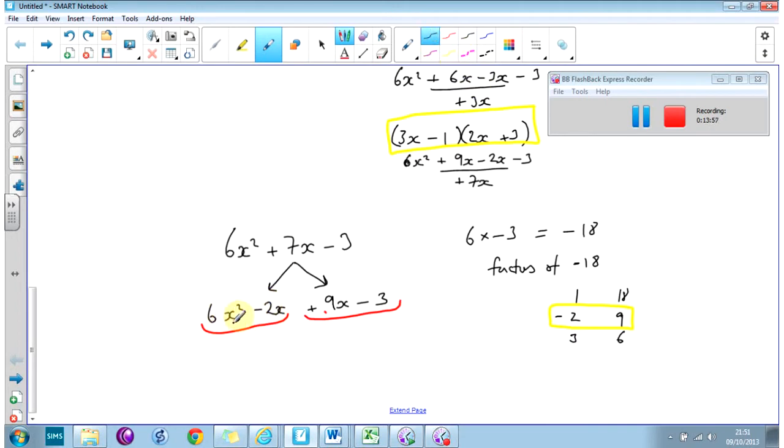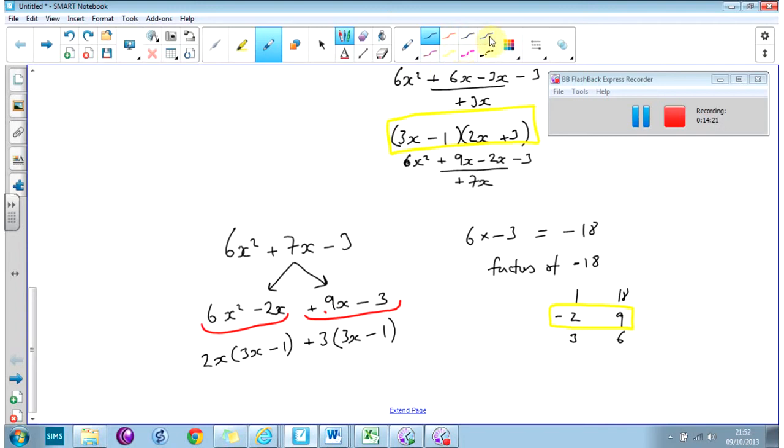Now, 2 and 6 are both in the 2 times table, so I can take 2 out, and they've both got an x in them, which leaves me 3x minus 1. Now, over here, both in the 3 times table, so I'm going to factorise a positive 3 out, and that leaves me 3x minus 1. And that's a really good sign because I've got the 3x minus 1s.